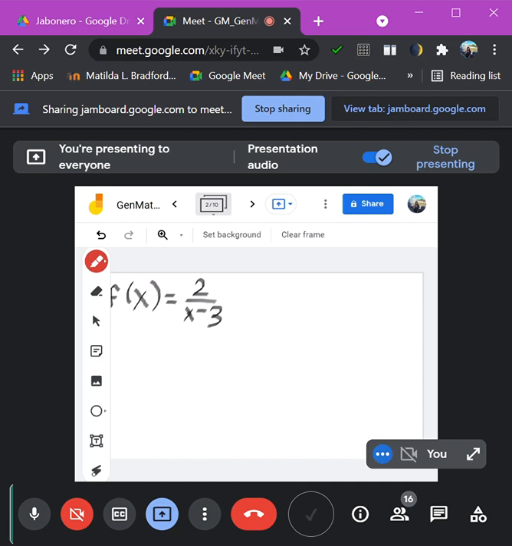You have to identify whether both are polynomials. Since we have no negatives, no fractional exponents or square roots, this is a rational function.